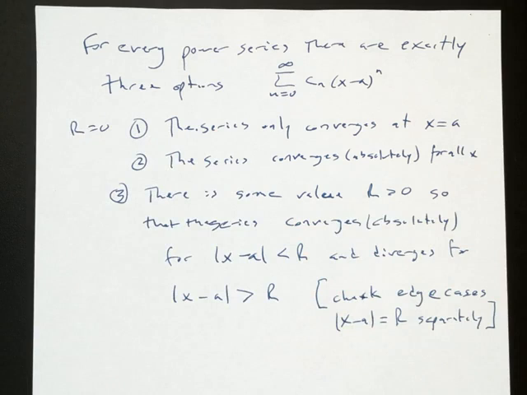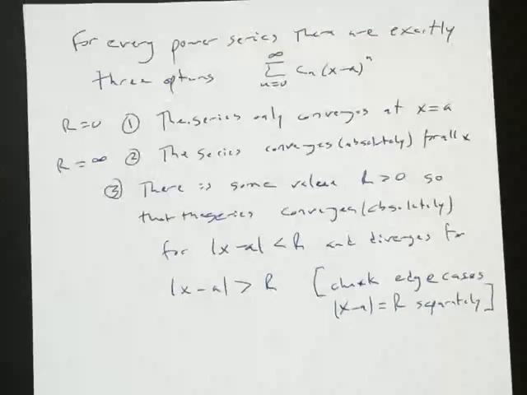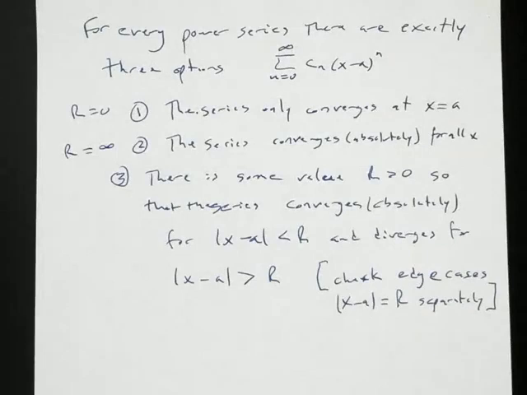Or your convergence is everywhere. We often say then that the radius is infinity. You will often hear the term entire, that a power series is entire. It covers the entire real line, all the numbers. Or it's somewhere in the middle, between 0 and infinity, some positive number is my radius.